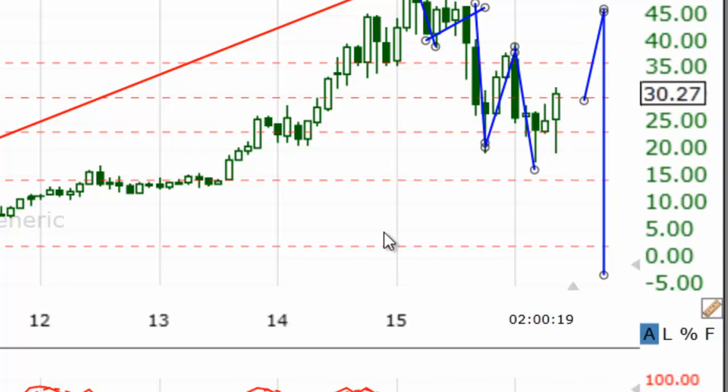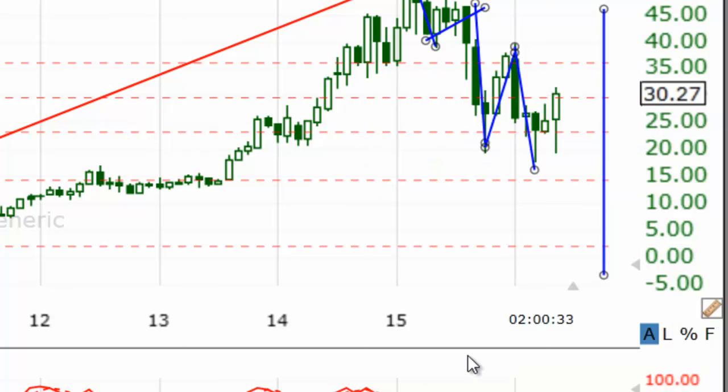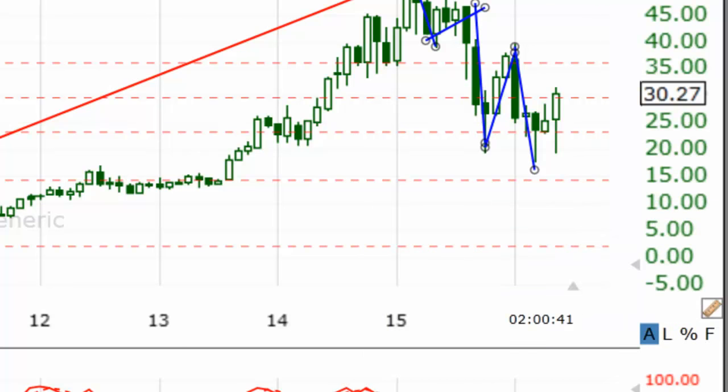The flat correction is 1, 2, 3, 1, 2, 3, 1, 2, 3, 4, 5. For the zigzag pattern, the internal waves are 1, 2, 3, 4, 5, 1, 2, 3, 1, 2, 3, 4, 5. Now, looking at this monthly chart of Acorn Incorporation, a Russell 1000 component, we see that the correction is formed of a 5 monowave move down.